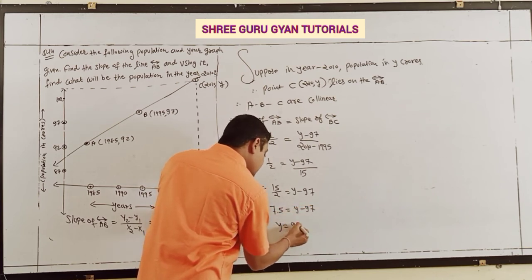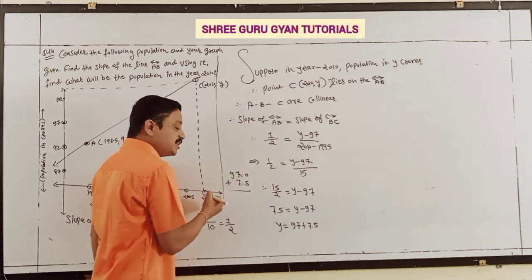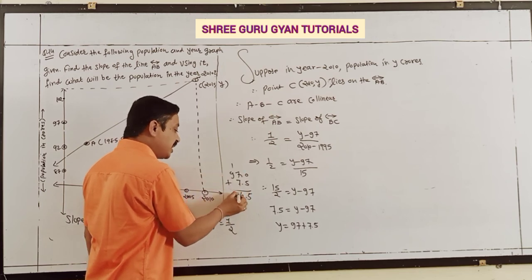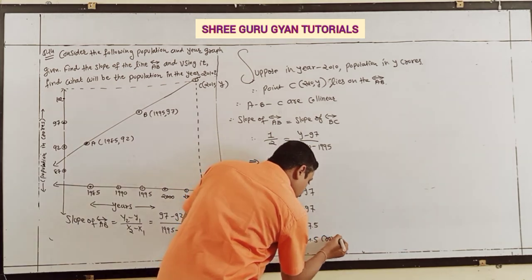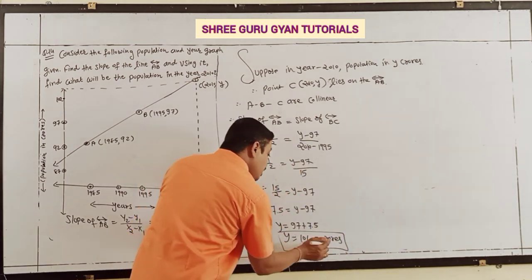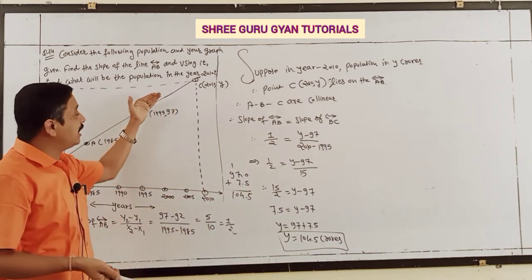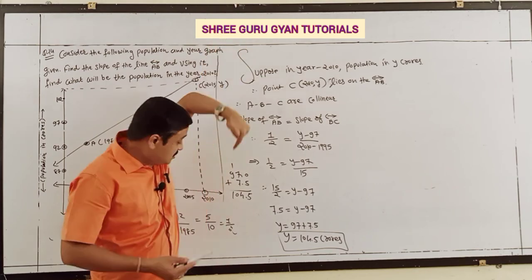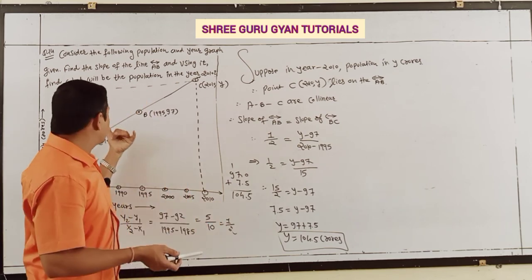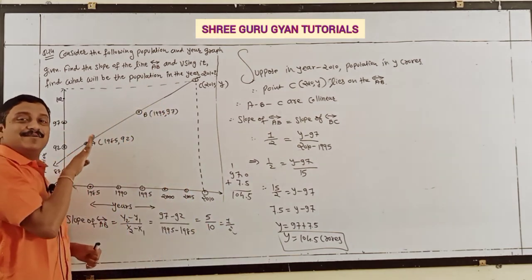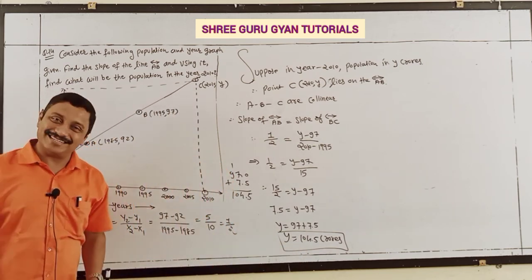So y becomes 97 plus 7.5, which gives 104.5 crores population in the year 2010. Similarly, students, you can calculate if your line moves ahead to 2015, 2020, 2025, because the slope is the same and the growth is the same. You can solve it easily and simply. The answer is done very easily.